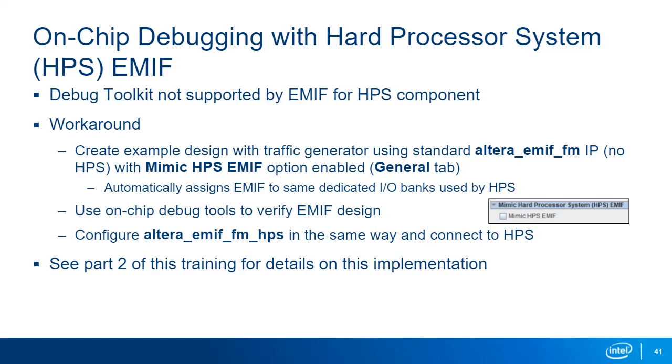Now, use the tools discussed in this training to test the design. Finally, go back to the original HPS design and configure the EMIF for HPS IP with the same parameters as the design you verified with the on-chip debugging tools. To learn how to implement this type of test design for the HPS, see Part 2 of this training, linked to in a moment.